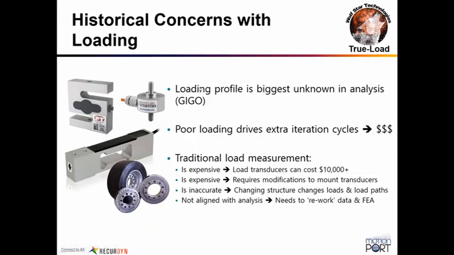And if the loading profile is not well known, then this acronym here, GIGO, is garbage in, garbage out. Historically this has been an issue. When you have poor loading information, that drives extra iterations, because you're really not understanding what's there.